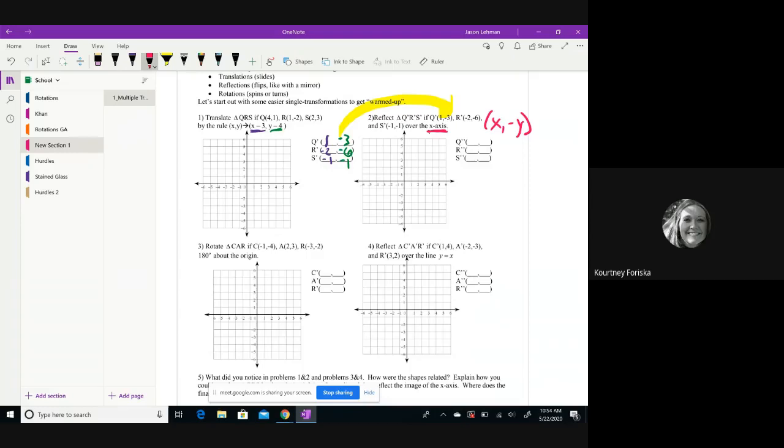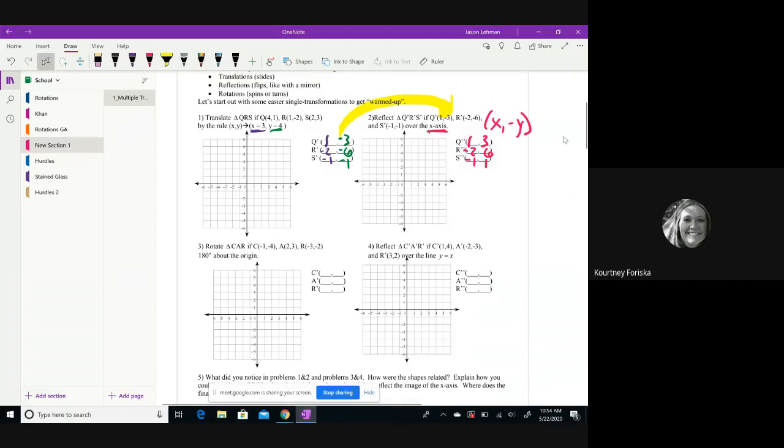X isn't changing, so that stays 1. The opposite of the y value, y is negative 3, is going to become positive 3. Negative 2 stays negative 2. Want the opposite of the y value, opposite of negative 6 is 6. Keep x negative 1, opposite of the negative 1 for y is a positive 1. There's 2 transformations done to that same set of ordered pairs.